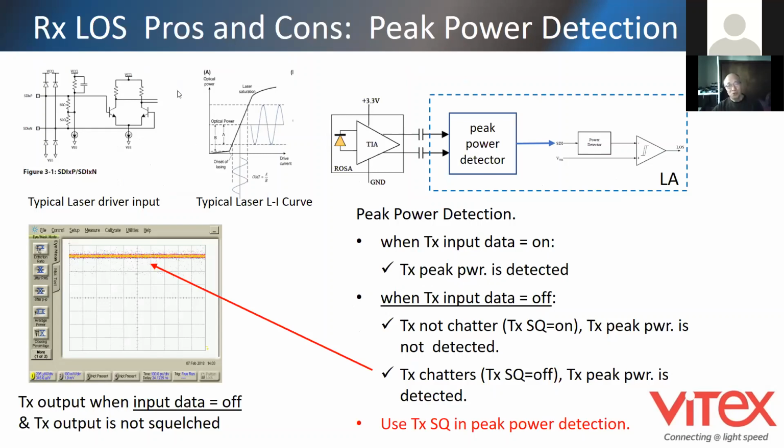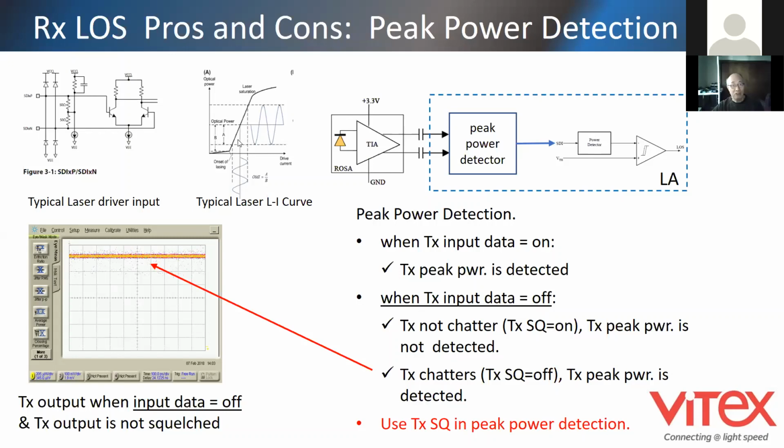So when there's data here, the peak power, like I indicated by dotted line, is detected after the AC coupling cap inside this receiver. But when the transmitter data is off, it will be here. It's like an average power.